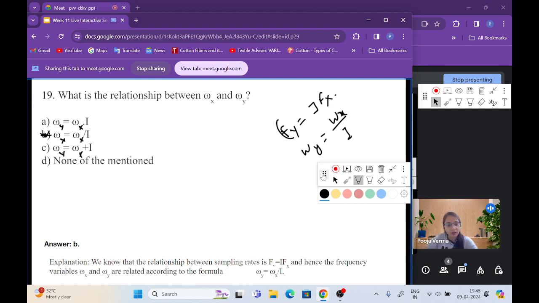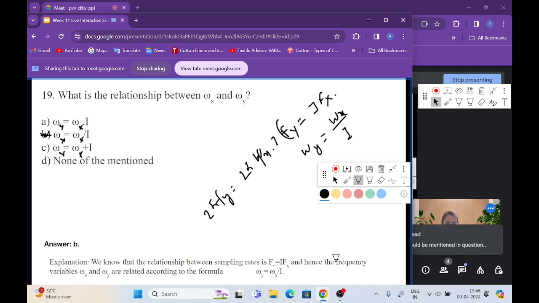Yeah, 2 pi fy is 2 pi fx into I, but in that it is given as omega x divided by I, or it is opposite to omega y. Let me check once in the slides. Will get back to you.